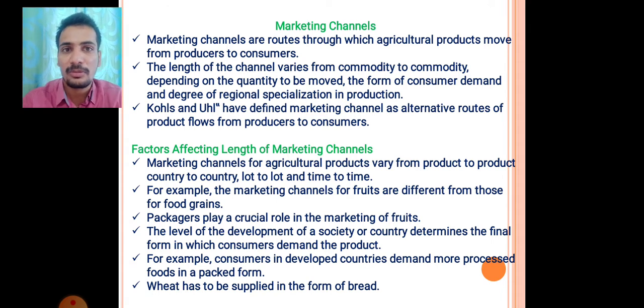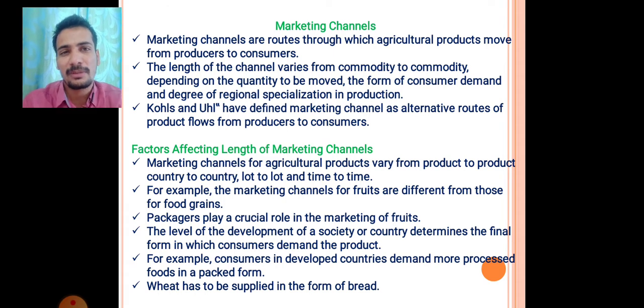It varies from region to region also. Coles and Wool's defined a marketing channel as alternative routes of product flows from producer to consumers. This is the definition of a marketing channel.